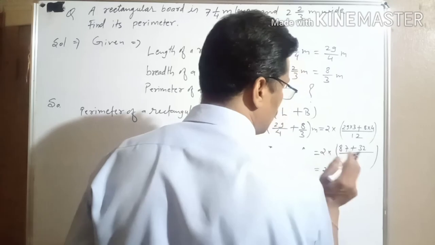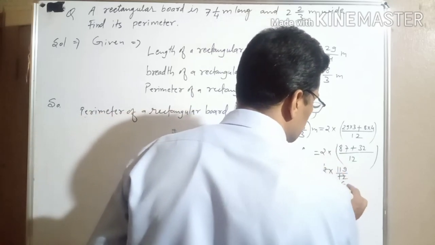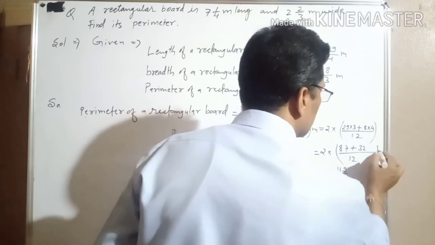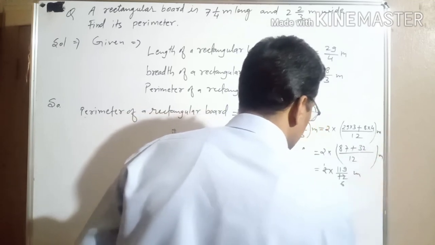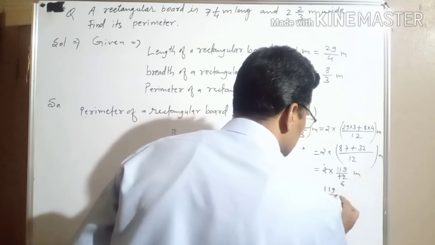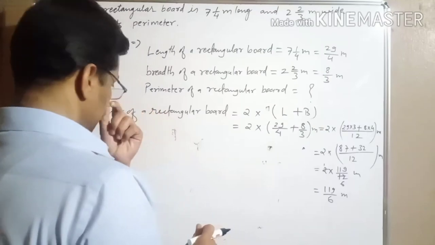What is the common divisor? 2, so we can cancel by 2. 2 ones are 2, 2 sixes are 12. Here also we write meter, 119 upon 6 meter.